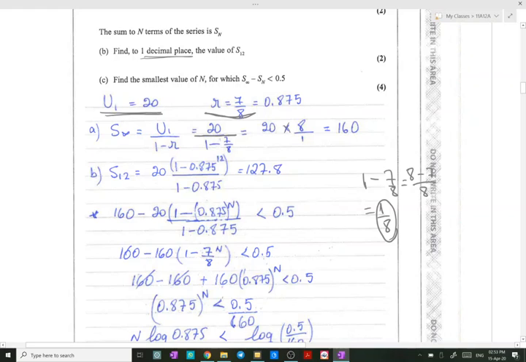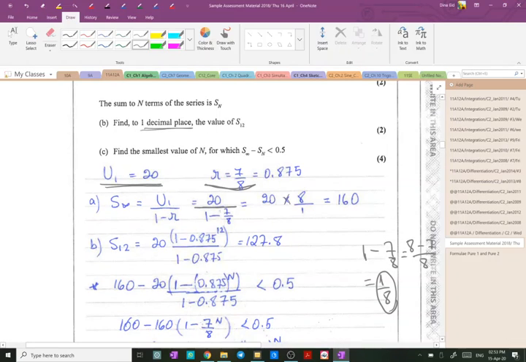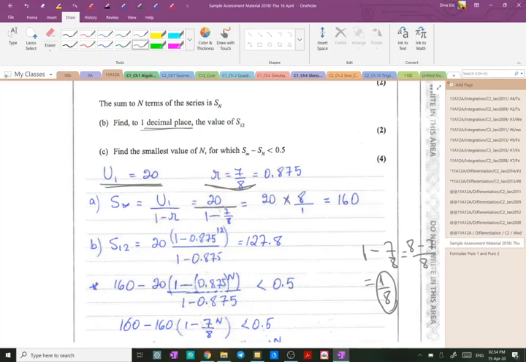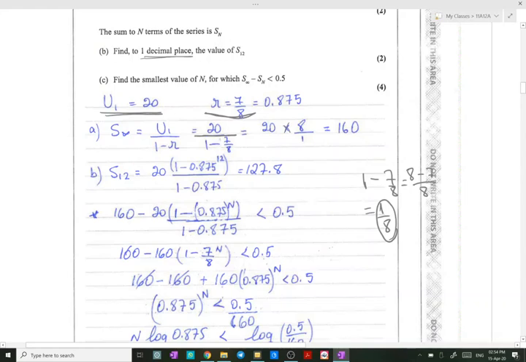So S12 is equal to, also we have to go back and check the formula, and the formula for Sn is this one. So Sn is equal to the first term times 1 minus R to the n over 1 minus R. So you take this formula and you use it in your example and you start replacing.